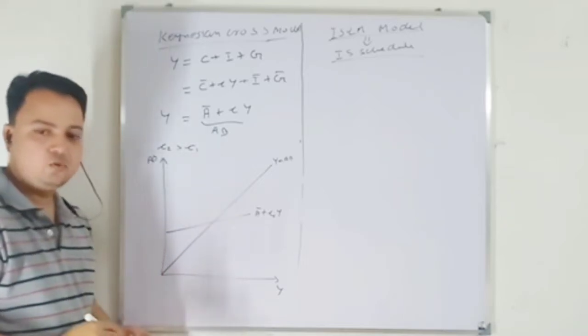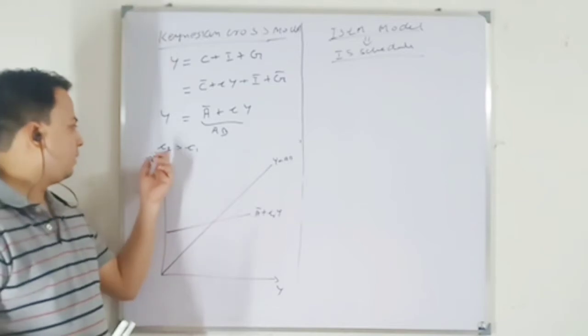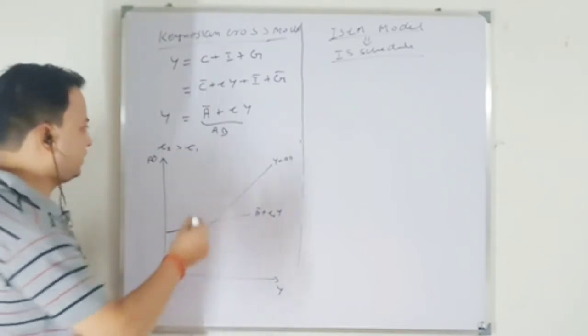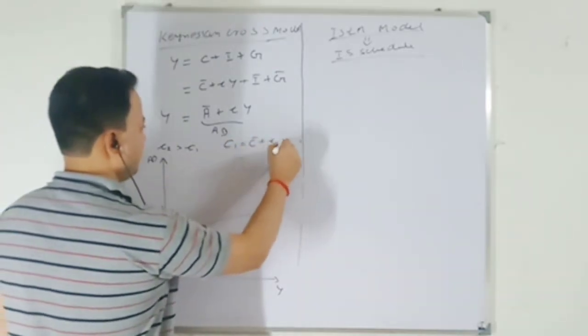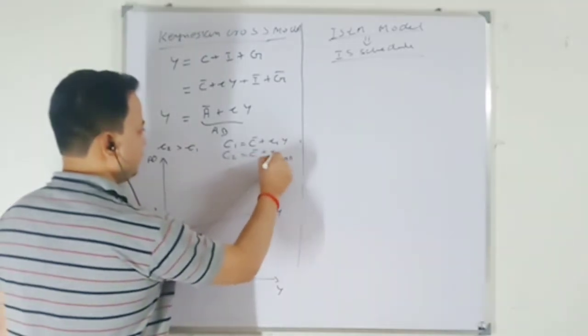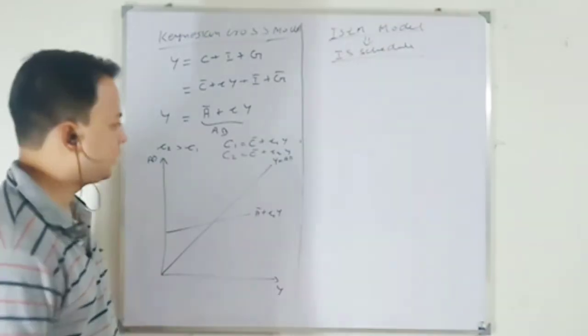When I say c2 is greater than c1, what does it mean? Look at my two consumption functions. This is consumption function 1, which is C bar plus small c1 y. This is my second consumption function, C bar plus small c2 y.